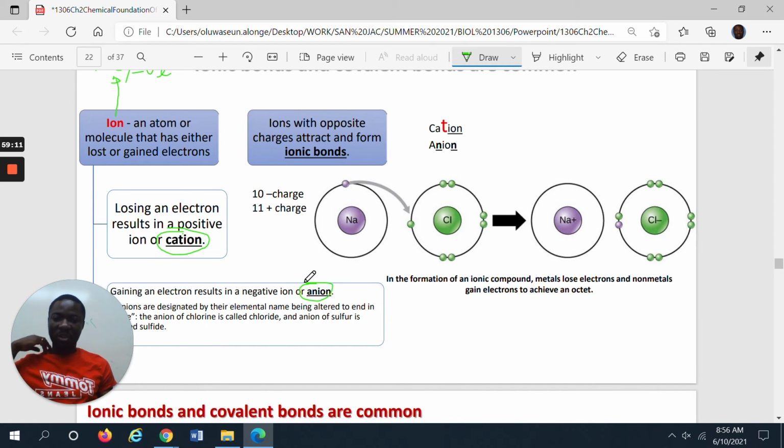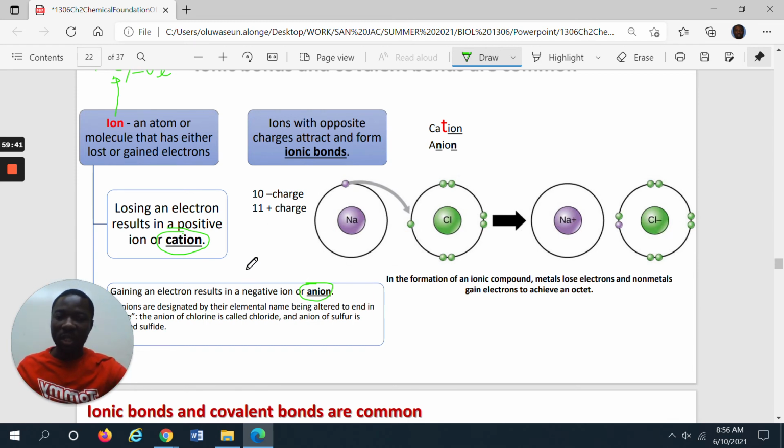Let's say you are owing a debt of $20 and you lost the debt. Then you are no longer a debtor, you are no longer negative. All right. So when an element loses an electron, it becomes a positive, right? And the positive is called cation.